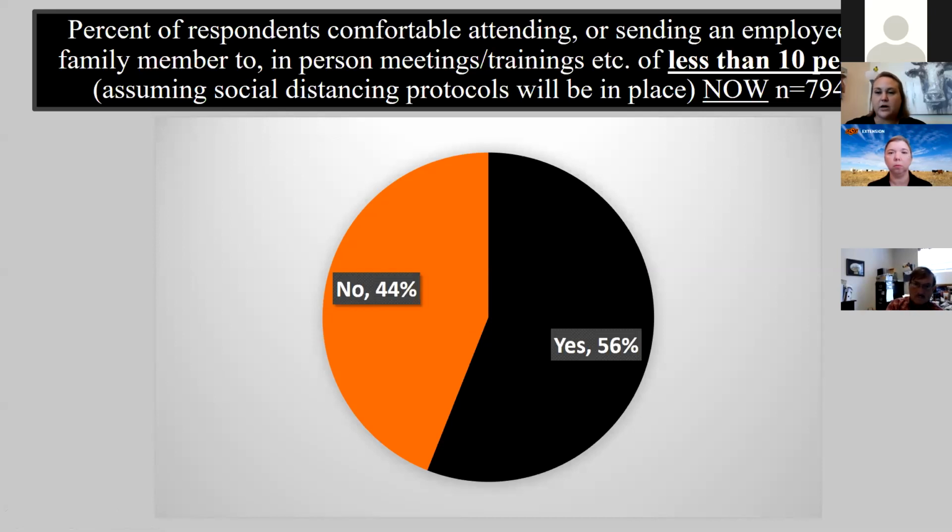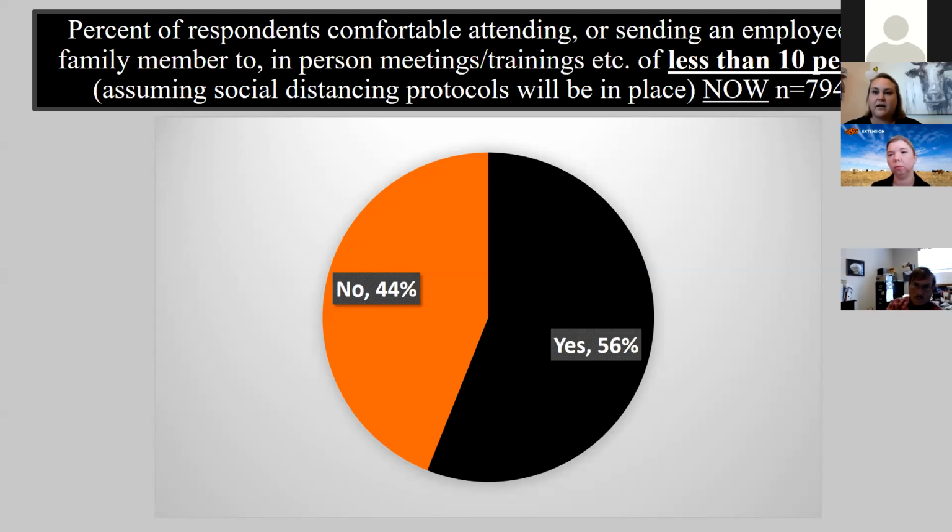In the paper, we go into more detail and ask, what if it's more than 10? But for this specific little lunch and learn, we're going to talk about less than 10 people, which is currently the CDC recommendation. So 56% of people in the full survey felt comfortable with a meeting of less than 10 people with social distancing in place.